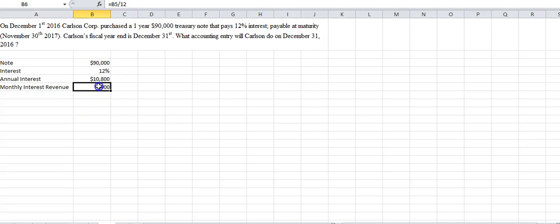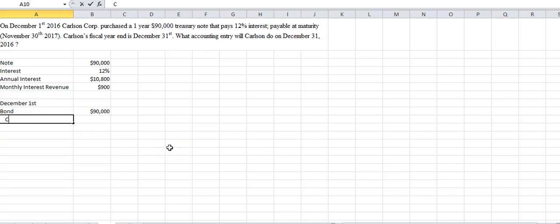Okay. So let's just go through all the accounting entries. December 1st, I bought the bond, right? So I purchased a bond for $90,000. And let's say I pay for it in cash.